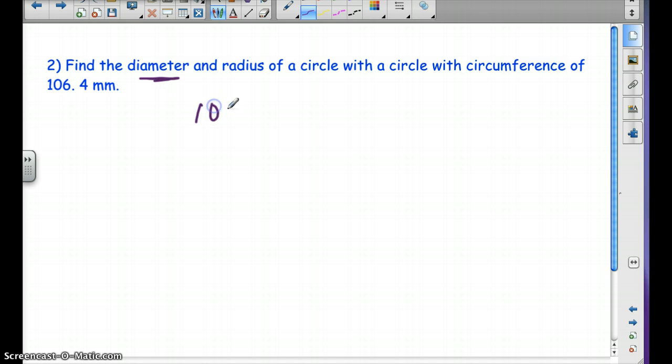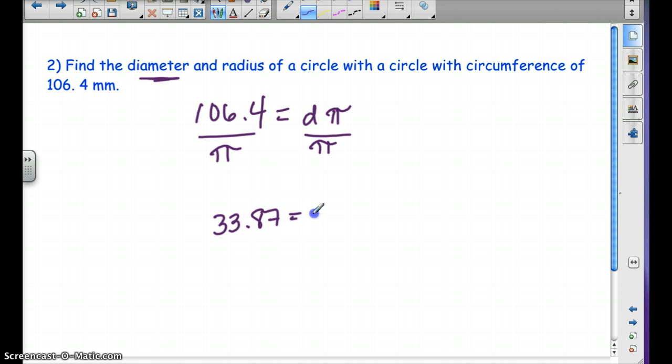So I have 106.4 equals the diameter times pi. So to get d by itself, I'm going to divide by pi on both sides. So 106.4 divided by pi gives us 33.87 is our diameter. And since we have a label of millimeters, I'm going to put that on there.